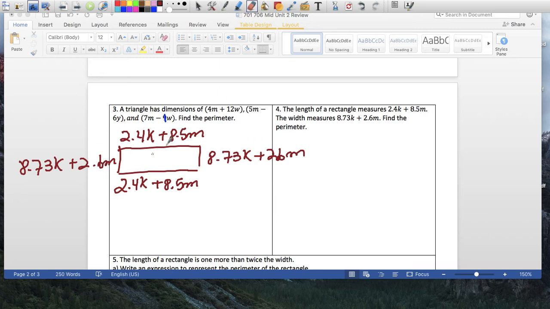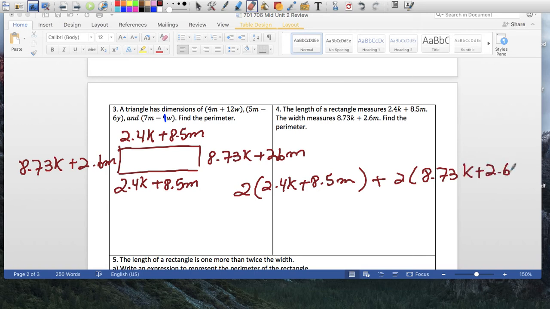So again, this plus this plus this plus this, we can write the expression in two different ways. One of the ways is using these parentheses. So it's 2 times 2.4k plus 8.5m, because there are 2 lengths, and then I'm going to add that to 2 times the width, because there are 2 widths, 8.73k plus 2.6m.